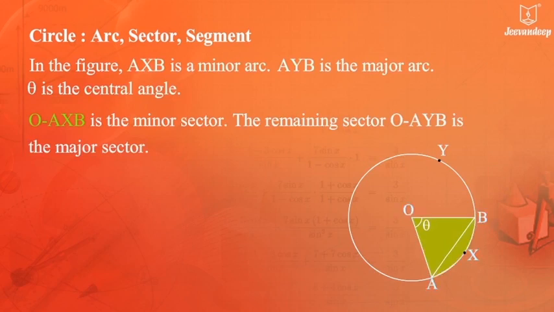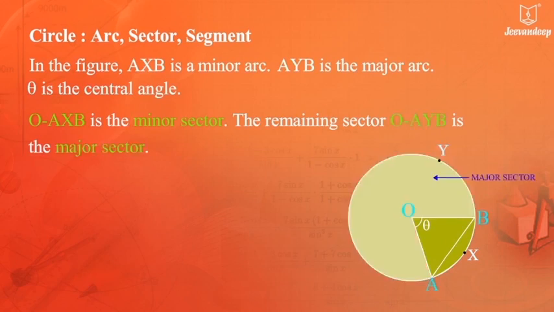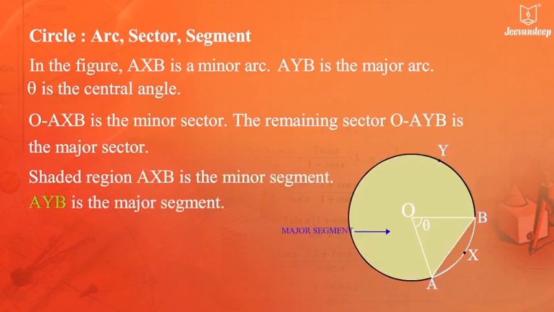OAXB is the minor sector. The remaining sector OAYB is the major sector. Shaded region AXB is the minor segment. AYB is the major segment.